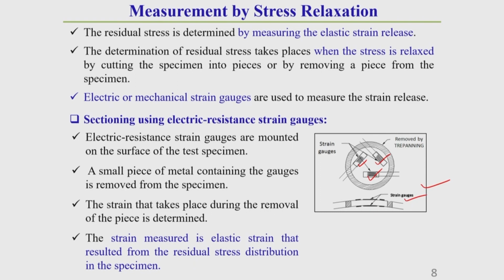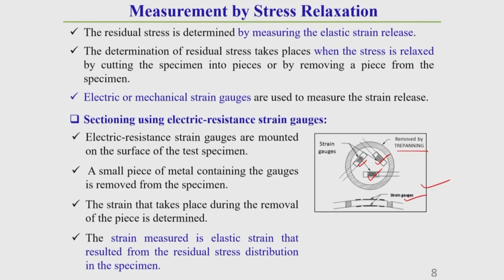Now, in the case of sectioning using electric resistance strain gauges, we generally remove the specimen by using what is called the trepanning technique. Trepanning technique generally makes a bore type of hole. How it is, I will show you. Okay.